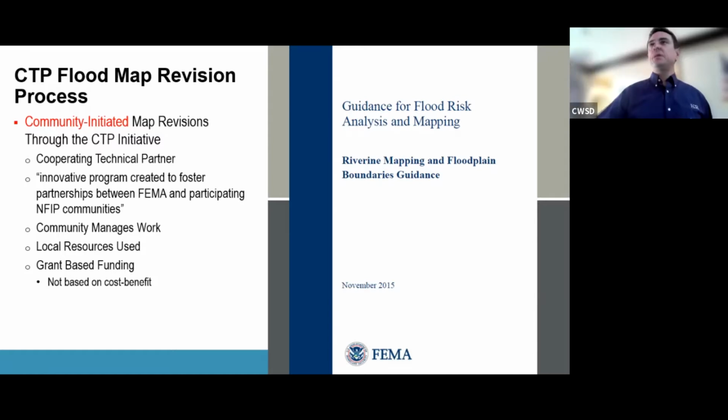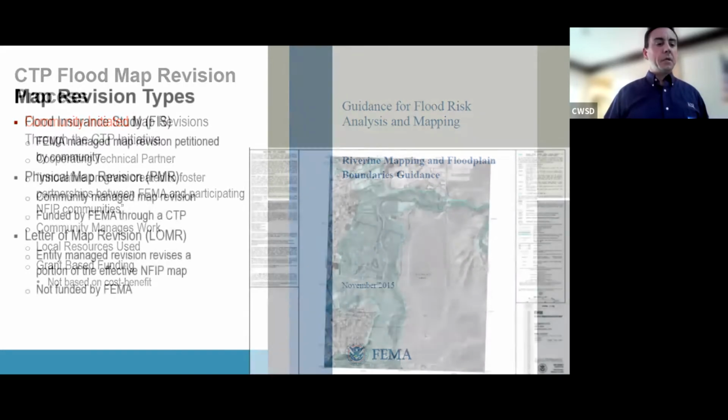In that way, the community is the one managing the work. They're using local resources, in theory, to do the work, and they're getting a lot more feedback from the community. It's a grant-based funding mechanism. So they're getting a lot of outreach, a lot of interaction, a lot of stakeholder involvement. The FEMA process is sort of handed down from the federal side of things, and they can pick whatever contractors they want to do the work.